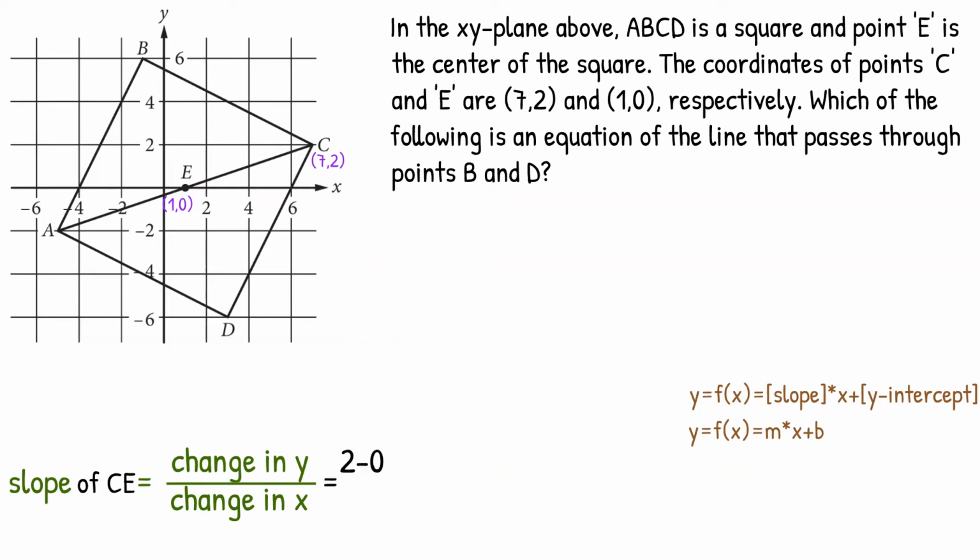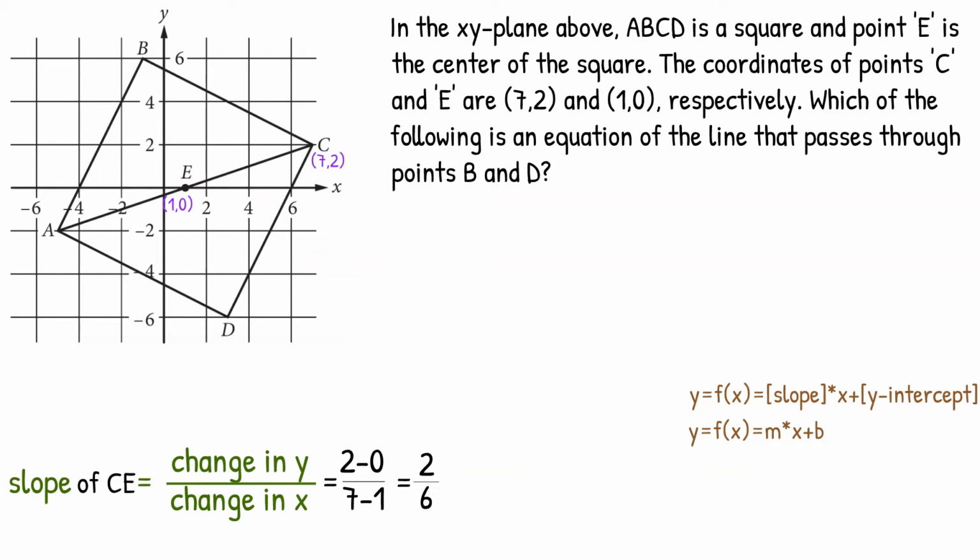So 2 minus 0 represents the change in y. The change in x is the change in the x coordinate: for point C it is 7, and for point E it is 1. So 7 minus 1. We do the math, and we get 2 over 6.